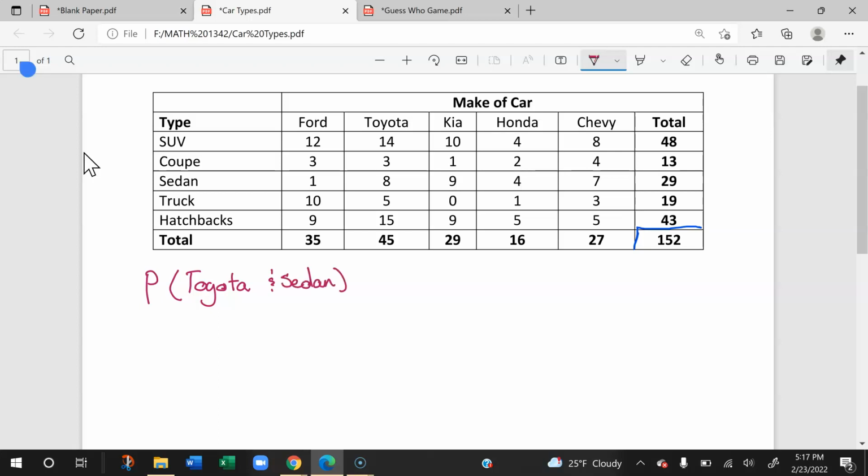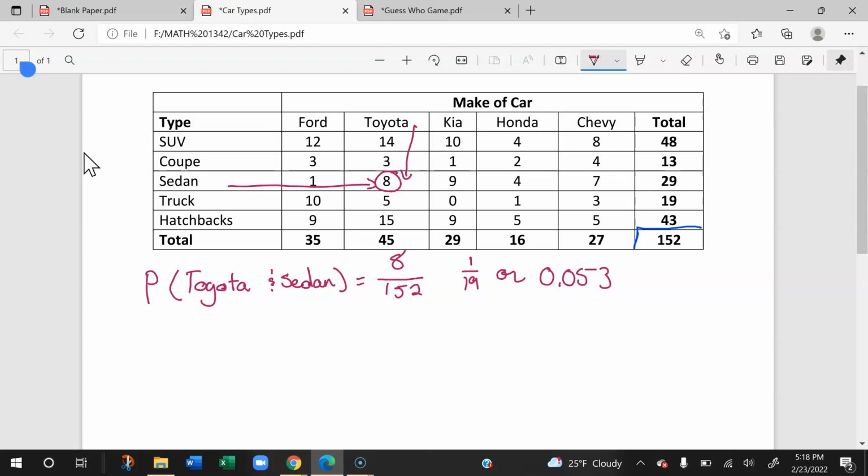Well, I don't know any information at this point, so my denominator is going to be 152, and the number of Toyota and sedan is 8. So 8 over 152, which I can simplify into 1 over 19, or 0.053.